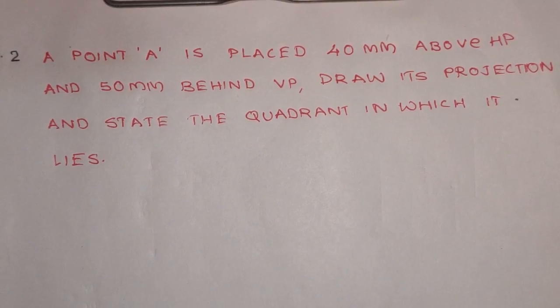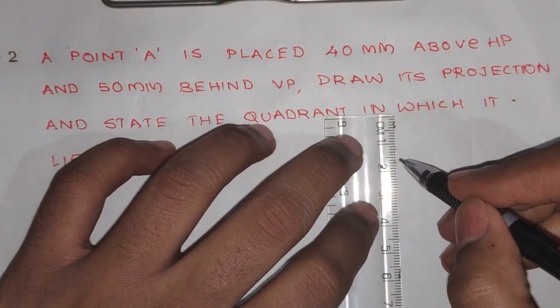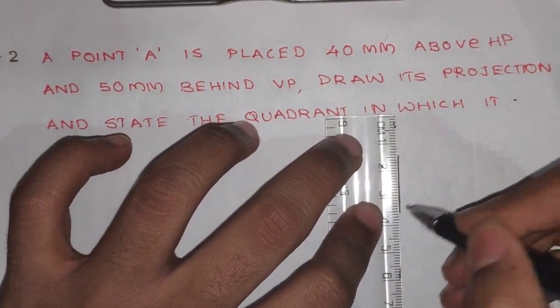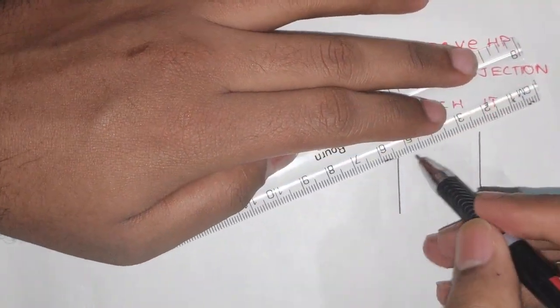Coming to the second problem. A point A is placed 40 mm above HP and 50 mm behind VP. Draw its projection and state the quadrant in which it lies. So first let us draw the quadrant system over here. In this case, I'll draw this vertical plane.